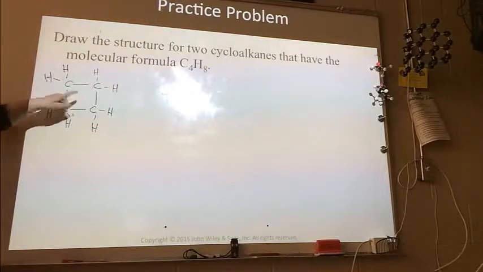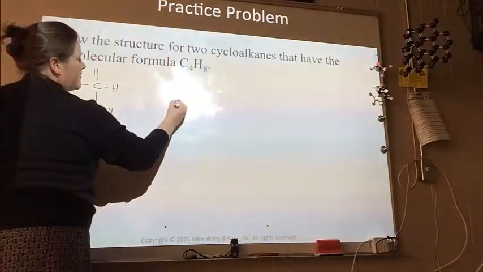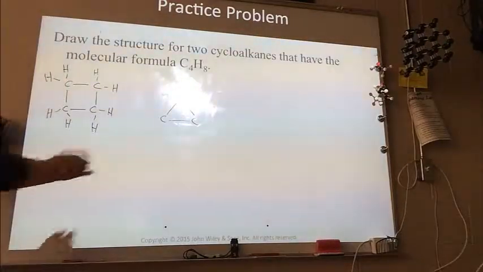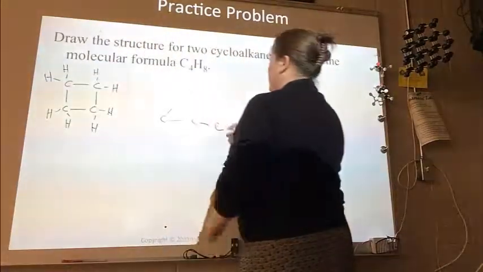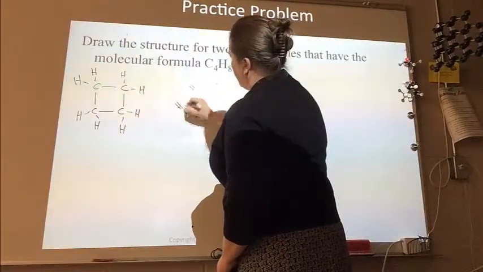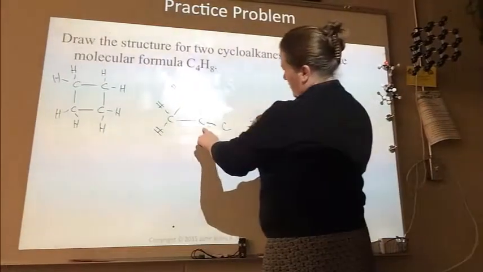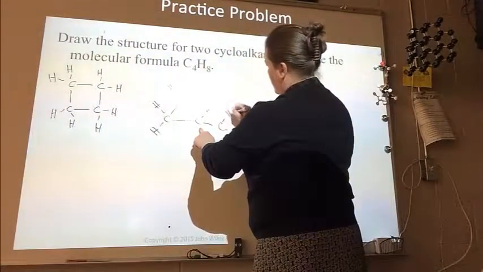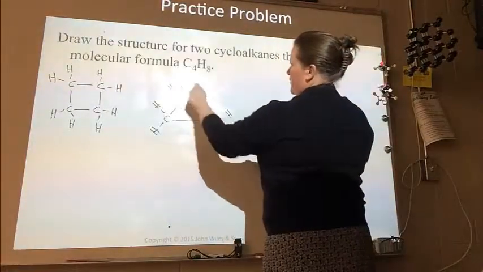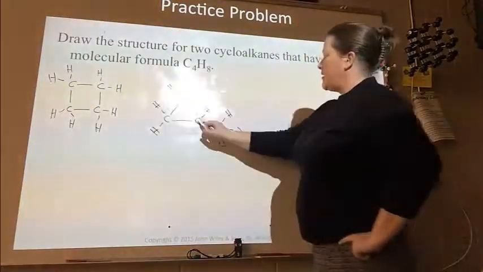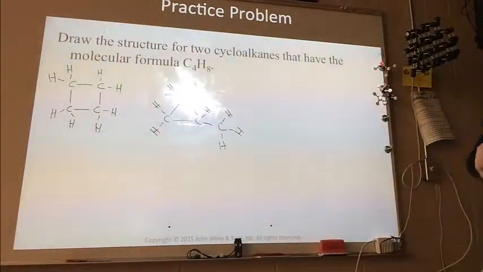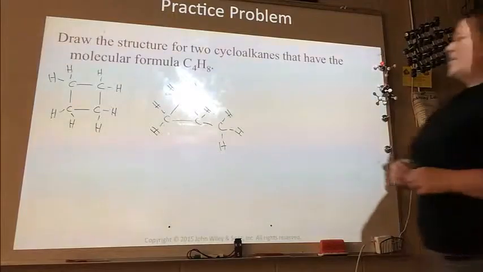Or we could make a triangle of cyclopropane with a carbon there. And let's see if this gives us our 8 hydrogens. 1, 2, 3, 4, 5, 6, 7, 8. So this carbon has the 4 things attached to it. So those are the 2 ways that you could draw cycloalkanes with 4 carbons.